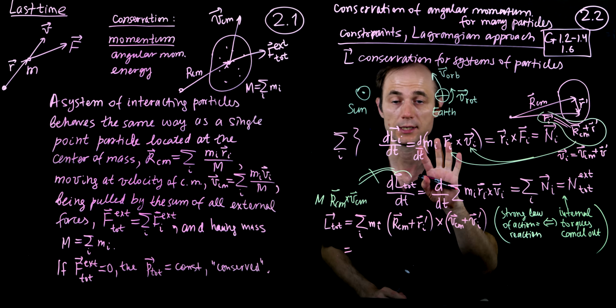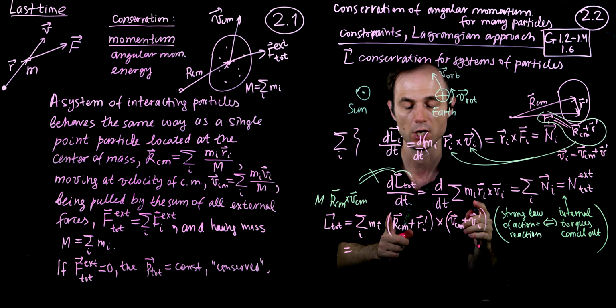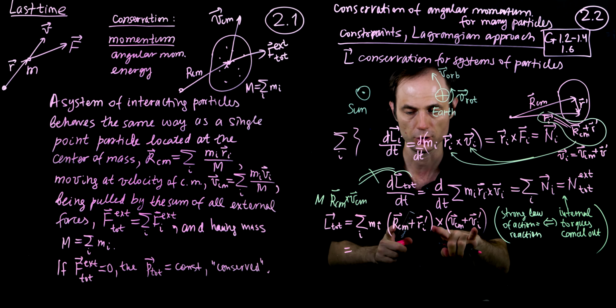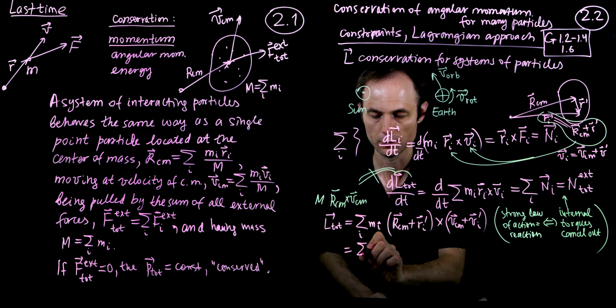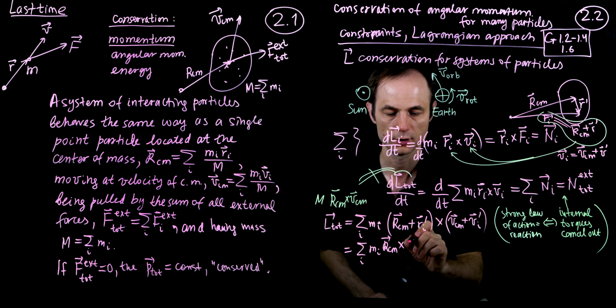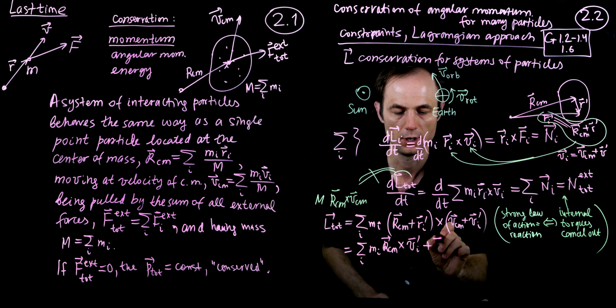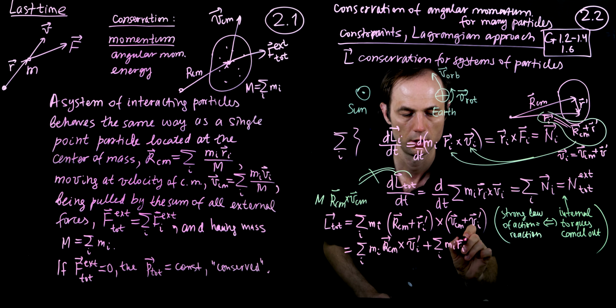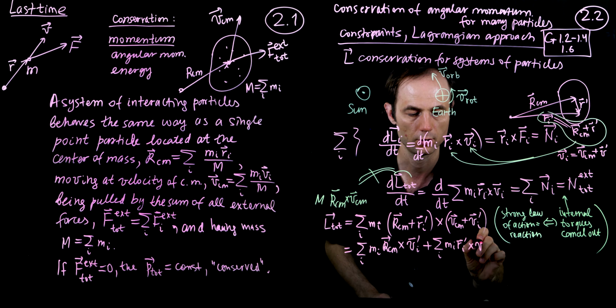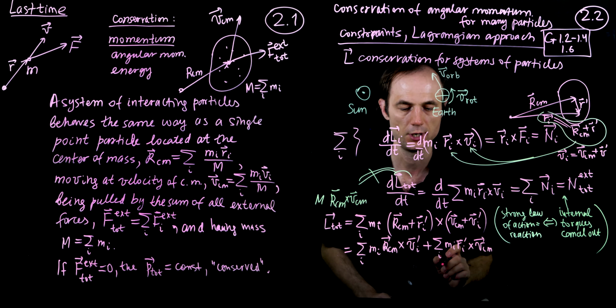So first of all, let us break this down into different terms. So one term here will be Mi RCM cross Vi prime. The other term will be Mi Ri prime cross VCM.